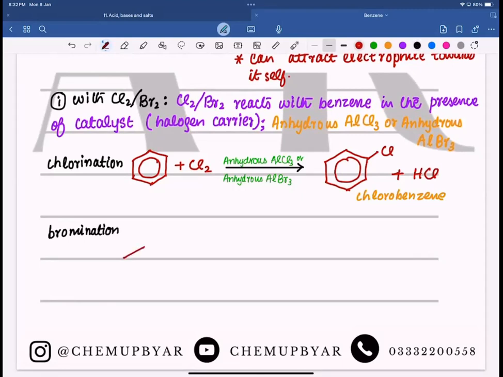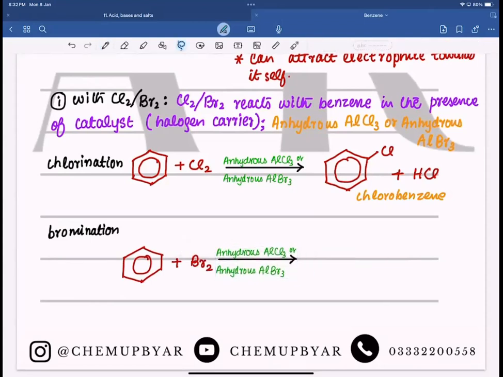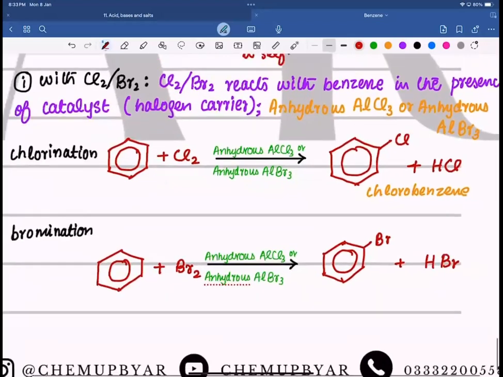In bromination, in the same manner, the benzene molecule reacts with bromine forming bromobenzene, with the other product being HBr. So these are the equations. Are these equations clear to both of you?